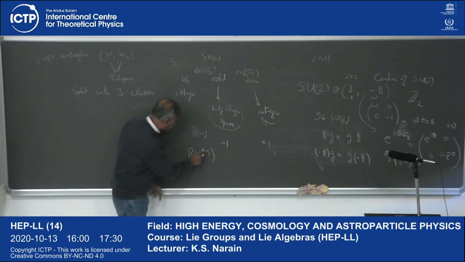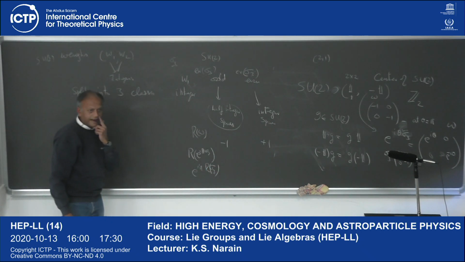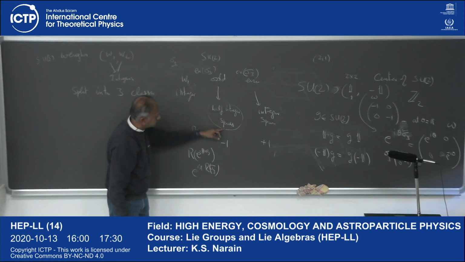R of omega is nothing else but e to the power of i pi R of sigma 3. Sigma 3 is all diagonal, so we don't have to worry about it. So R of sigma 3 is odd for this class of representations, because the weights are all odd. Whatever state you look at, the eigenvalue of sigma 3 is odd. So it is e to the i pi times an odd number, so therefore it's -1.